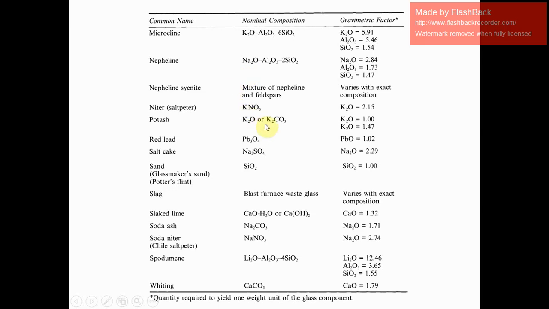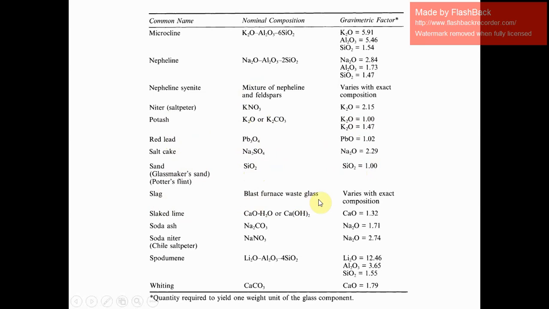Then potash: for hard glass that uses K2O, you can take K2O from potash. Some glass contains lead oxide, red lead. Salt cake, sand, SiO2: generally the gravimetric factor is 1, because there is only one component here. And what is slag?